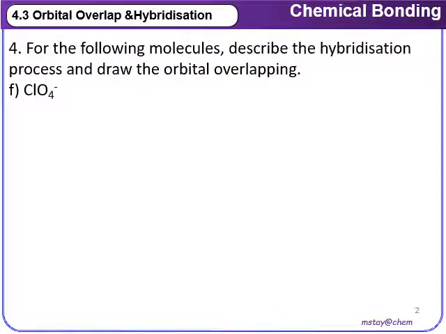After drawing the overlapping diagram for the molecule without lone pair electrons, and with lone pair electrons, now we are going to proceed with the molecule or ion with a charge.